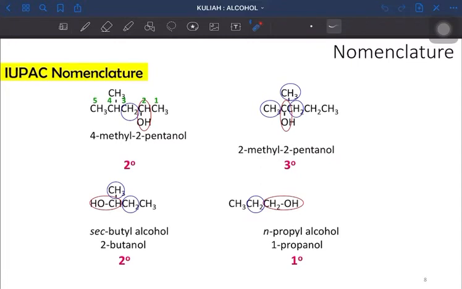Okay, next. We have this example here. We have 1, 2, 3, 4, so butanol.